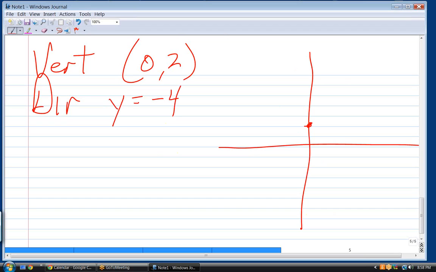There's 0, 2, that's the vertex. When they say y equals -4, I'm going to draw that line. That's the directrix. That tells me which way the parabola goes. Does it open up or open down? Up. Because the directrix is always outside of the parabola. So it can't open down.